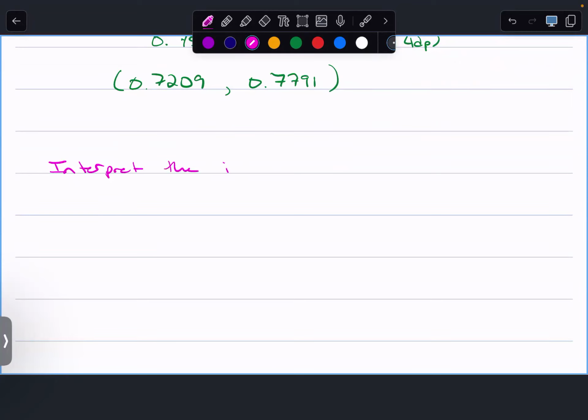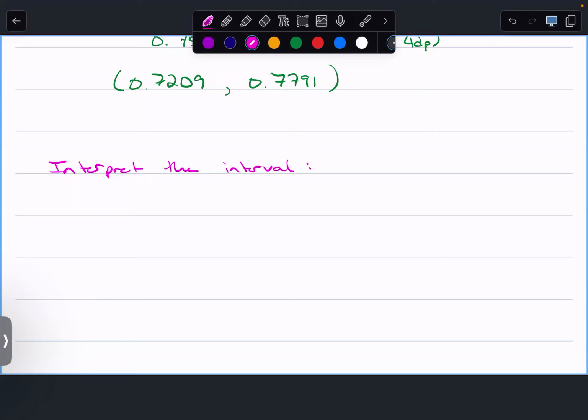Interpret the interval. I do make it a part of the question, right? A, check the conditions. B, construct the confidence interval. C, interpret the interval. Right? So I do force you to do it.